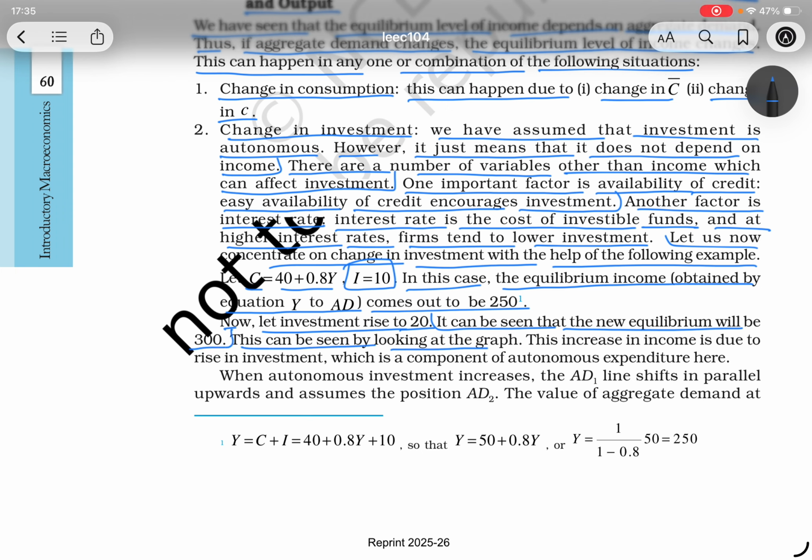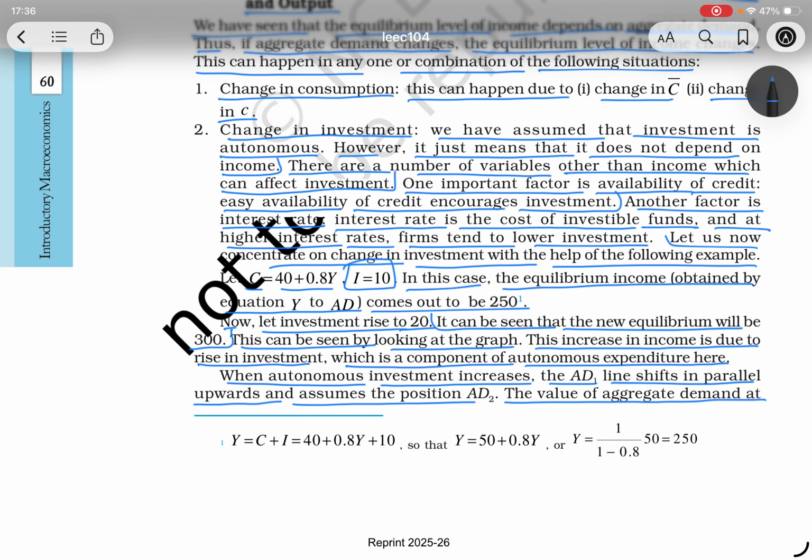This can be seen by looking at a graph. This increase in income is due to rise in investment, which is a component of autonomous expenditure here. When autonomous investment increases, the AD1 line shifts in parallel upwards and assumes the position AD2.